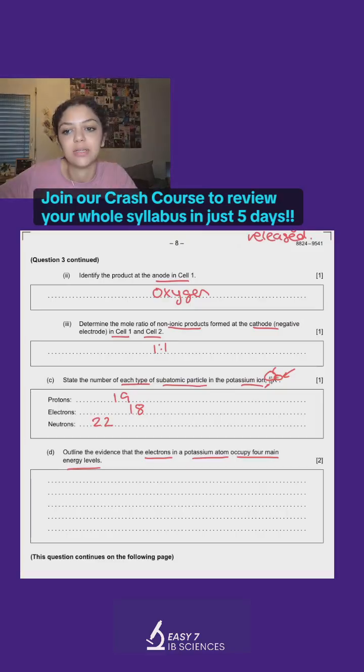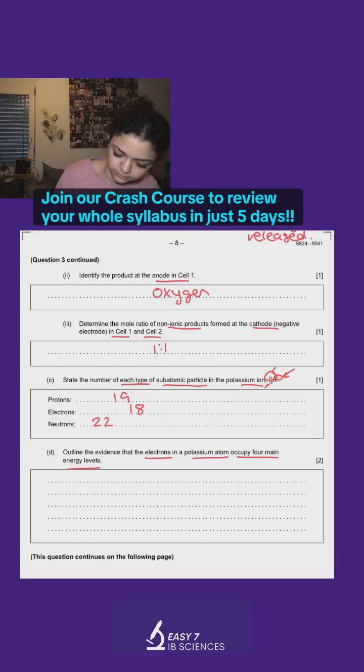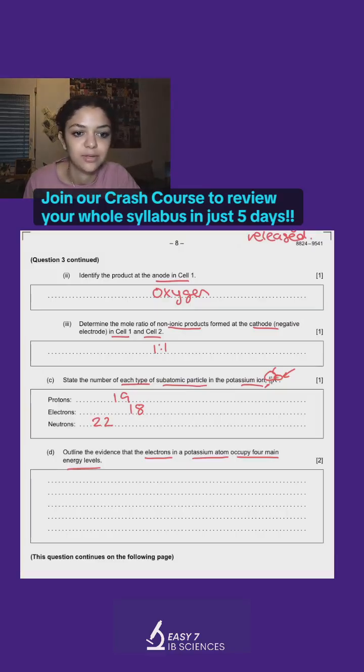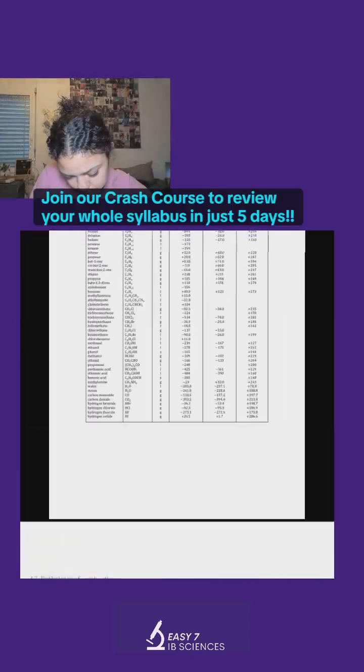So what is the evidence that we know that they occupy 4 main energy levels? Can anyone tell me in the chat? So we can have a look at the periodic table.